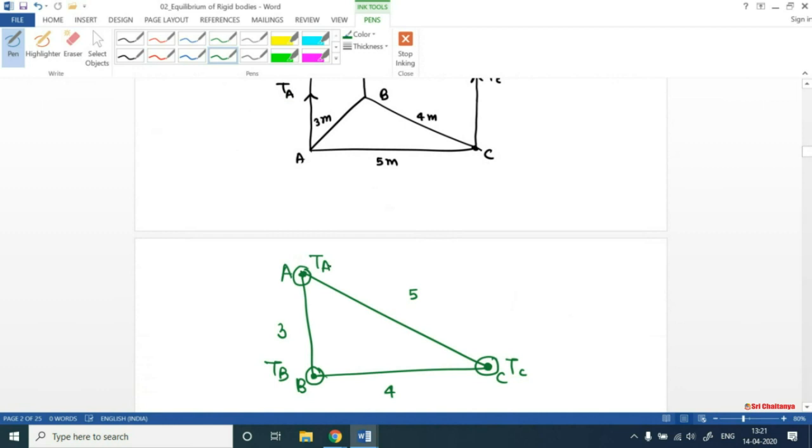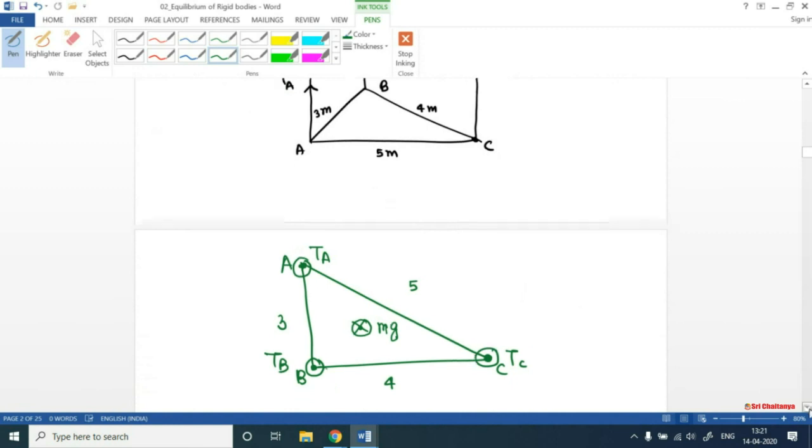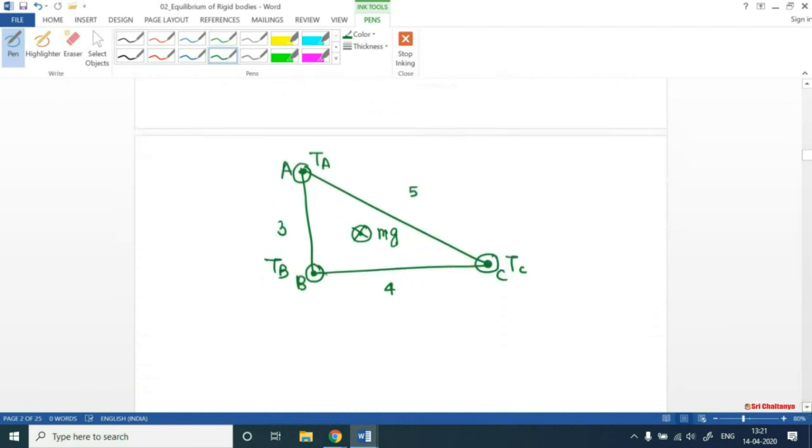Apart from that, this triangular lamina will experience its weight effectively at its center of gravity, somewhere here, a force in the inward direction, say mg. The center of gravity coincides with the center of mass of this triangular lamina, which is nothing but the centroid.